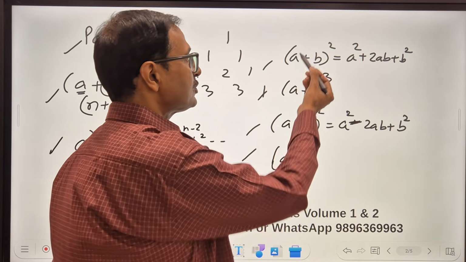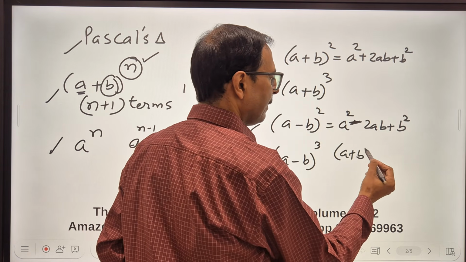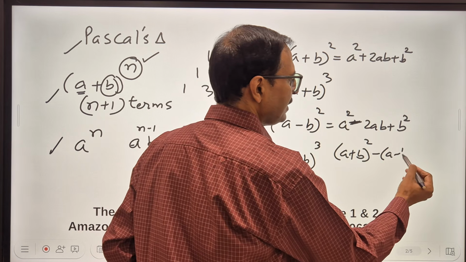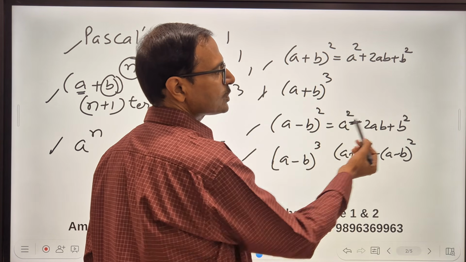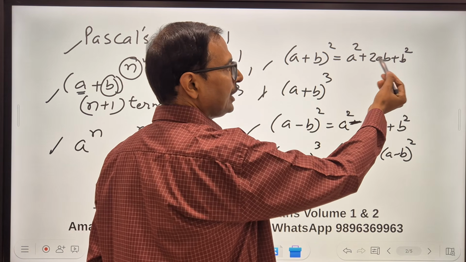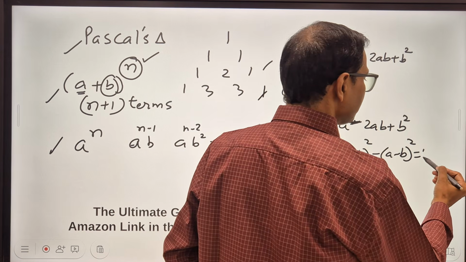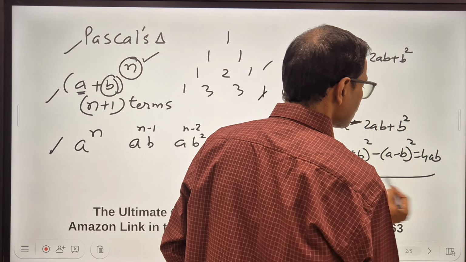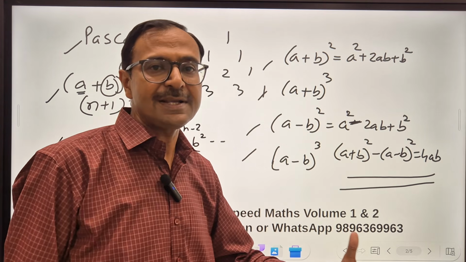Now what will happen if you subtract these two? This (a plus b) whole square minus (a minus b) whole square will become equal to what? If you subtract these two, a square and b square will cancel out, and 2ab plus 2ab will give you 4ab. So this becomes 4ab, and you will see in so many competitions these type of derived identities are used.